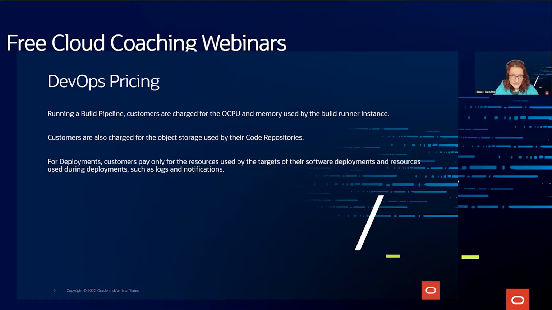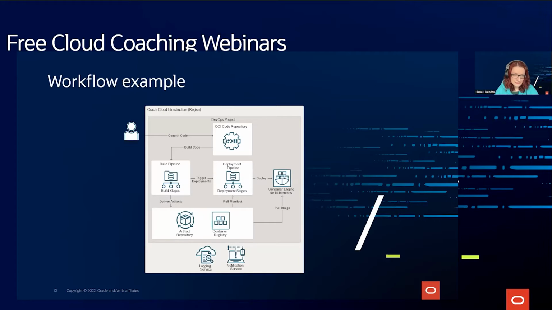As well, obviously, the object storage, if you are using the integrated code repository and you are not connecting to any external code repository. And for deployments, you will only be charged for the resources that you use to deploy. So for example, if you use compute instances, logs, notifications, that's pretty much it. So the service is free to use in itself.